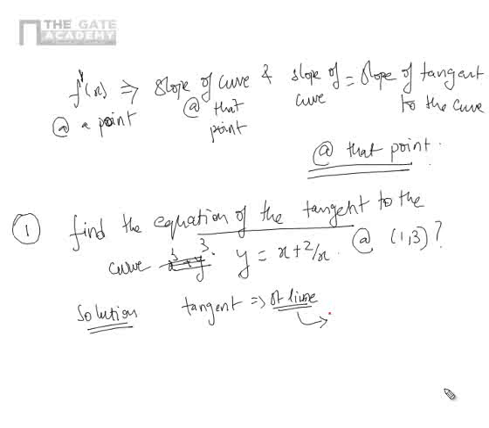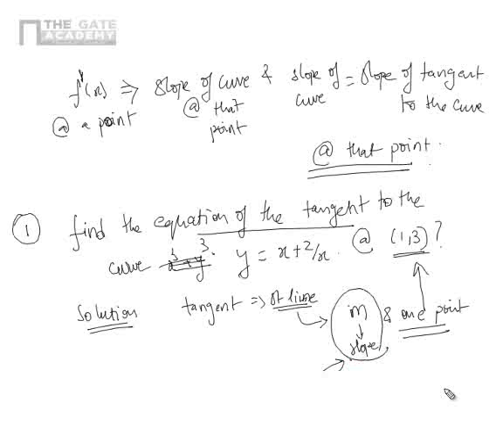The equation of a straight line can be found if the slope of the line and one point are known. This is called slope point form, right? The one point is already given here. All I need is the slope. If I find the slope, I can find the equation of the straight line.